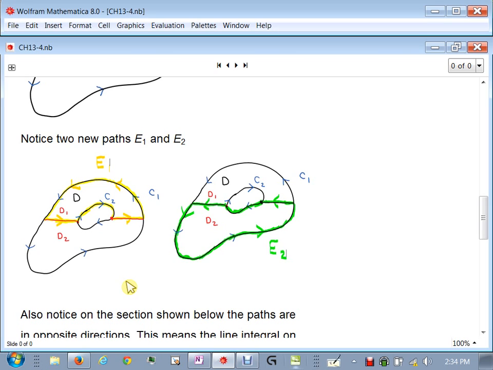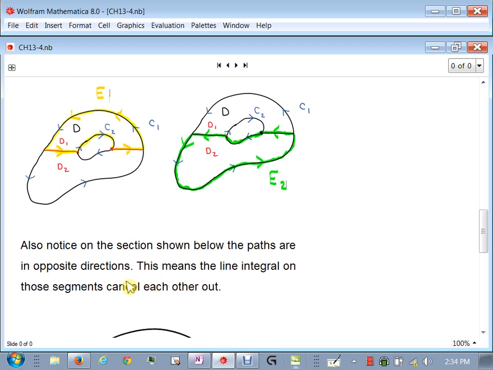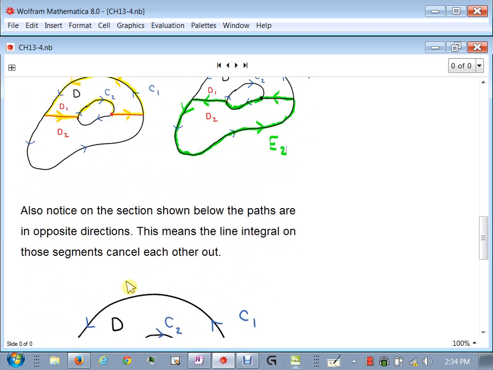Why is it that when we add these two together, it's the same as the line integral over C1 and C2? Because that's what the formula says, C1, C. Does everyone see E1, E2 from the picture? Yes? Why is it that E1 and E2 added together is the same as C1 and C2?